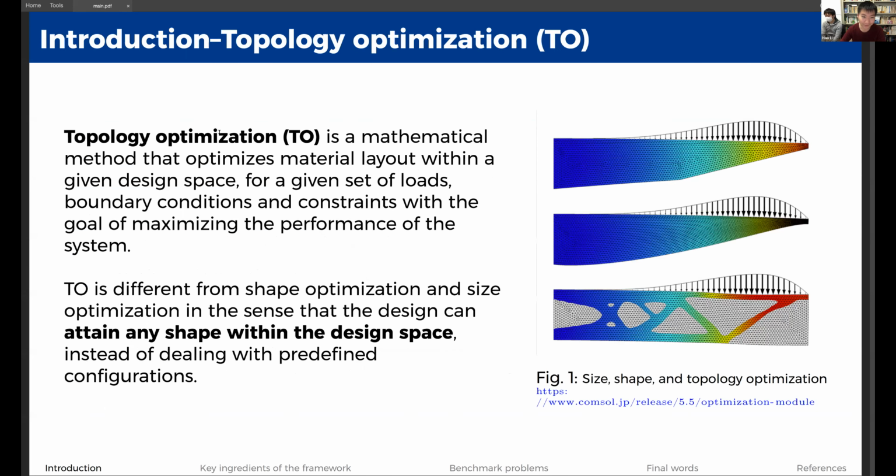Topology optimization has become a very popular word we have heard several times during the FreeFEM and MMG days. Basically, it's a mathematical method that can optimize material layouts within a given design space. It has a very high design degree of freedom compared with shape and size optimization techniques.